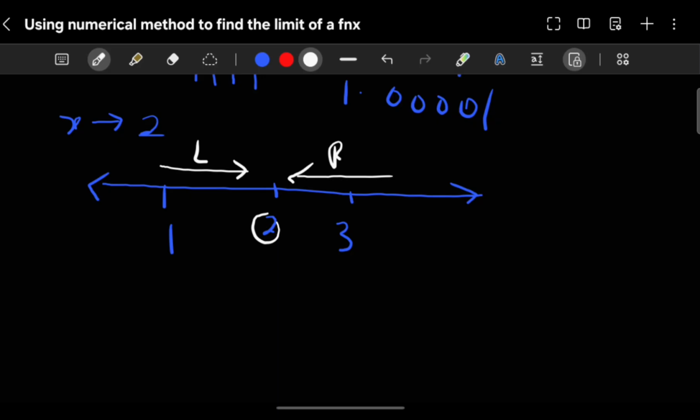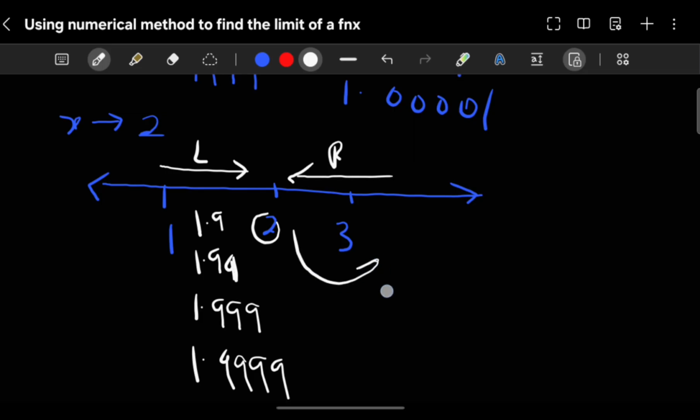The number is going to be less than 2, and the number will almost be 2. In that case, the perfect value is going to be 1.9. You see, it is less than 2, but it is almost 2 when rounded up. The next one is going to be 1.99, then 1.999, then 1.9999.